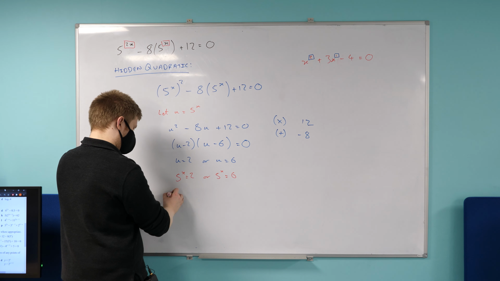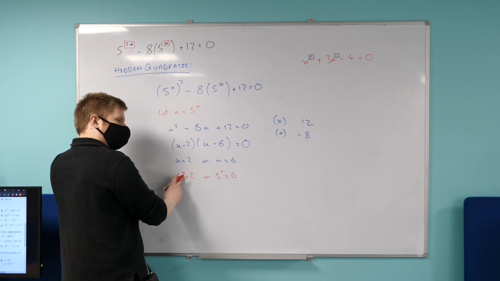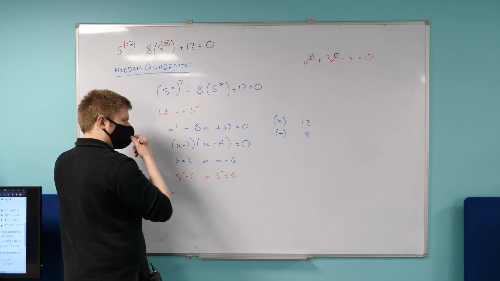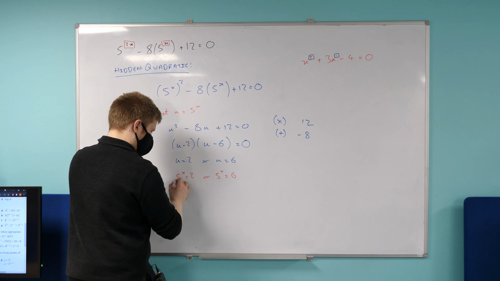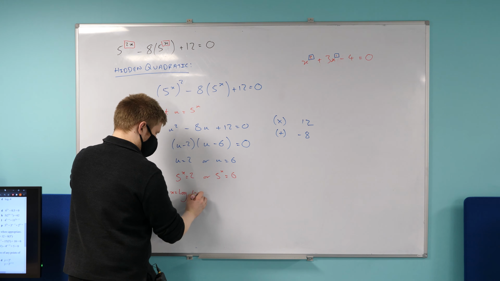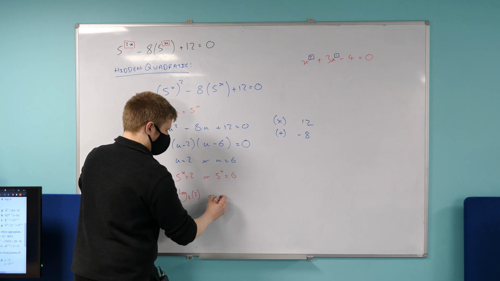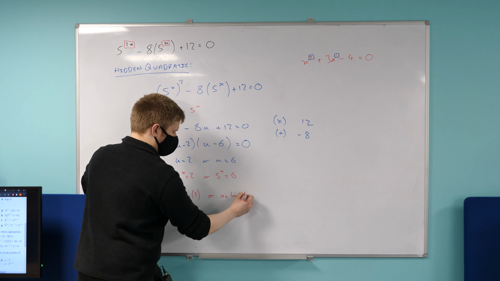Is that the square root? It's not square root. Remember that I'm after the power, aren't I? So how do I find the power? What do I use? Log. There you go. So it's x equals log to the base 5 of 2. And just while we're at it, this one would be x equals log to the base 5 of 6.